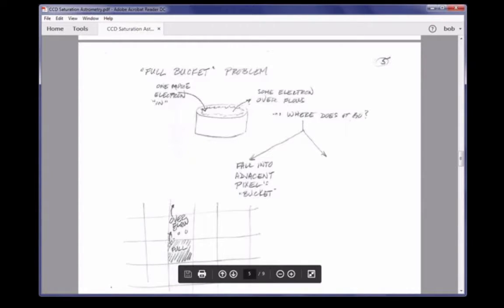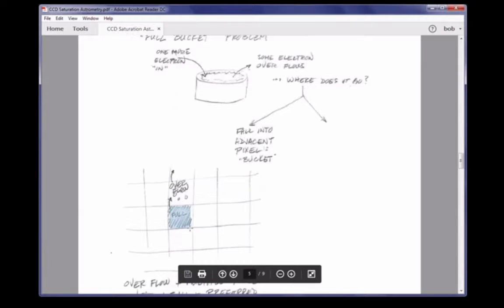In the little sketch here, if this pixel is full, but one more electron comes into it, that electron's going to bounce out, and in the circuitry in that chip, there is usually a preferred direction for the electrons to flow. And so if that direction happens to be up, then that extra electron comes in, somebody gets kicked out of the bucket, and that overflow electron moves into this pixel. Well, what if that pixel is also full or nearly full? Some electron's going to get kicked out of it, and it's going to flow into this pixel, and so on.